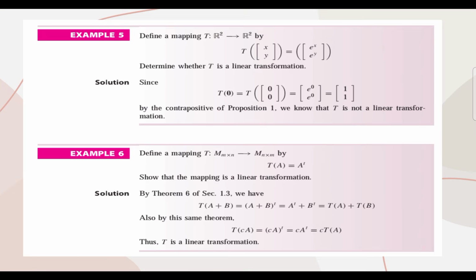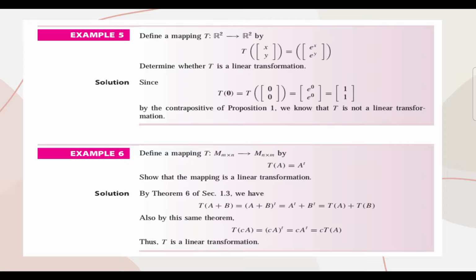Then next, we have example number 5. Define a mapping T from R^2 to R^2 by the transformation T(x, y) = (a^x, a^y). For any mapping to be a linear transformation, it must satisfy the property that the image of the zero vector is the zero vector.